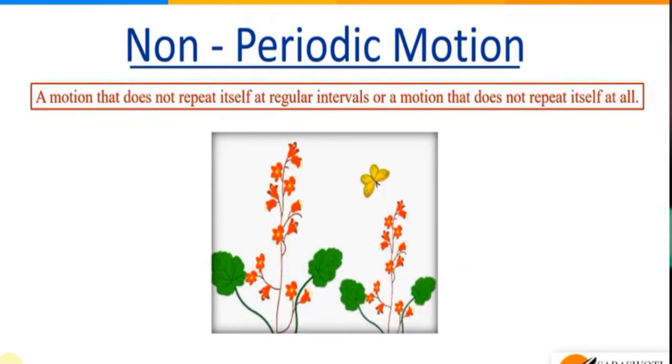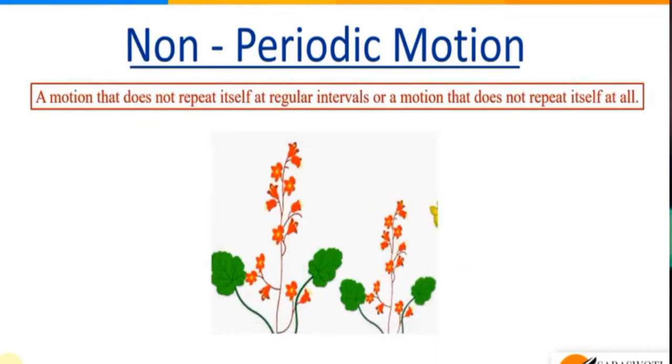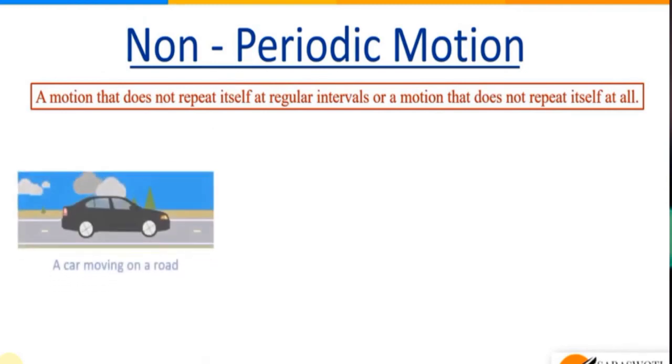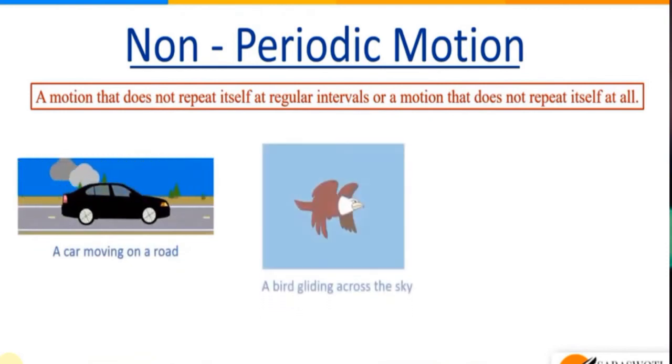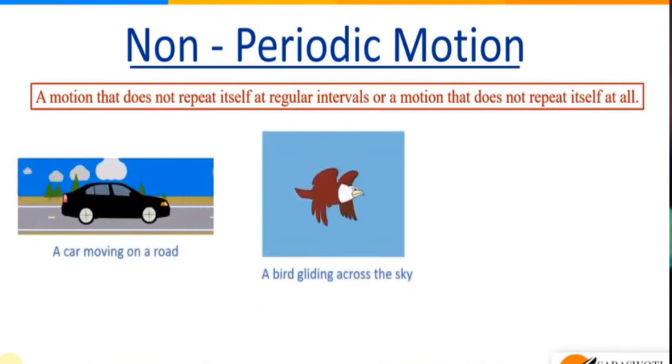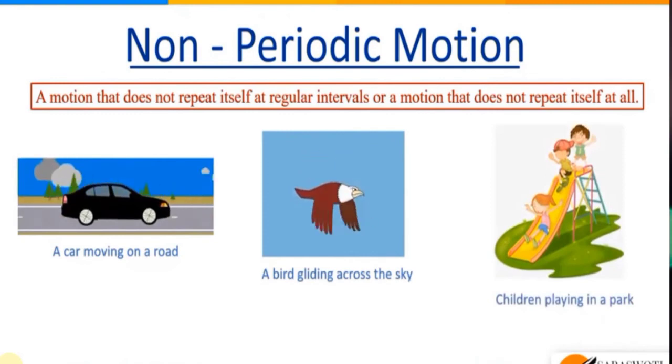Number 4, non-periodic motion: a motion that doesn't repeat itself at regular intervals, or doesn't repeat itself at all, is called non-periodic motion. Examples of non-periodic motion are a car moving on a road, a bird gliding across the sky, and children playing in a park.